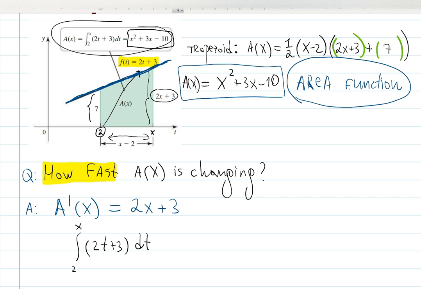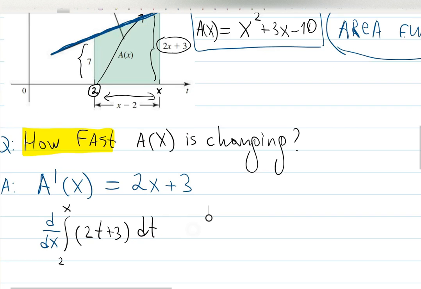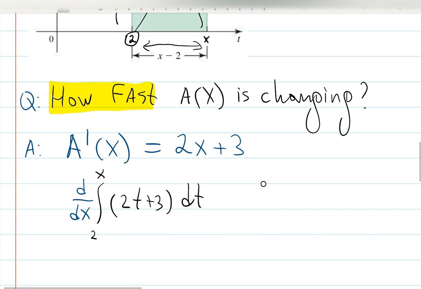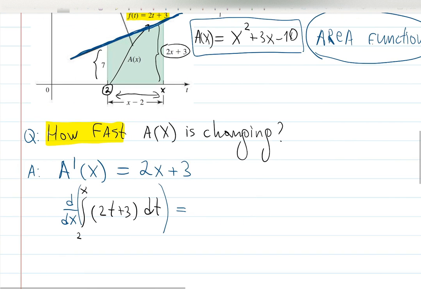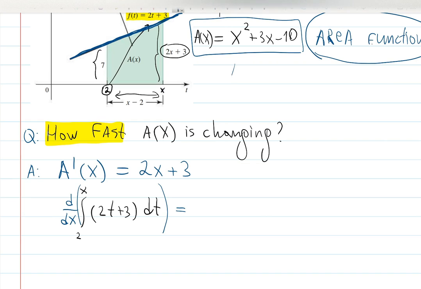So I found the derivative of this function, d with respect to dx, that means x is the variable, of this integral. We integrated first, we got the area function x squared plus 3x minus 10. The derivative of that function is 2x plus 3. So the answer is 2x plus 3.